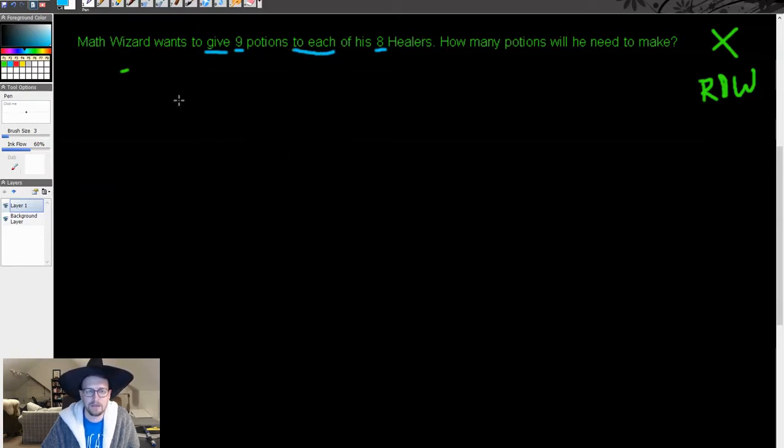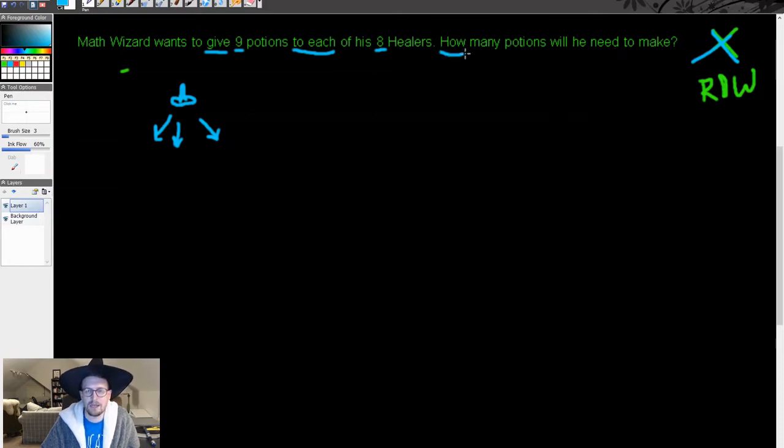So there's me with my hat, and I am giving out these potions, right? Giving them to 8 healers, giving 9 to each. This is already, that word each and giving out is making me think of equal groups. I'm getting the idea of multiplication here, even if I hadn't already known that this was multiplication.